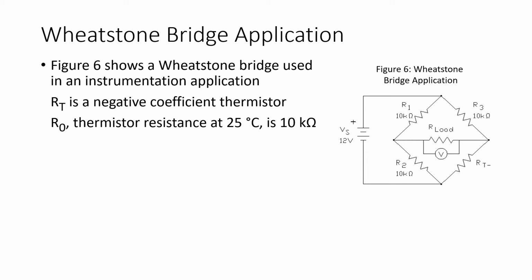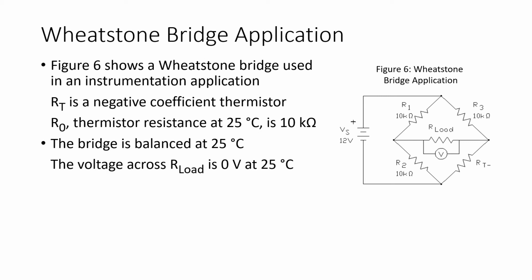I've replaced the galvanometer with a load resistor and connected a voltmeter across that load resistor. Now for this circuit application, R sub O, the thermistor resistance at 25 degrees Celsius, is 10 k ohms. Therefore, the bridge will be balanced at 25 degrees Celsius. The voltage across the load is 0 at 25 degrees Celsius.